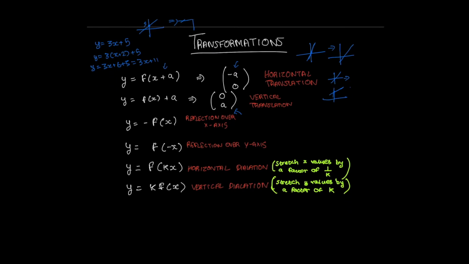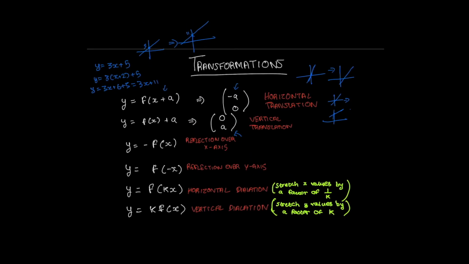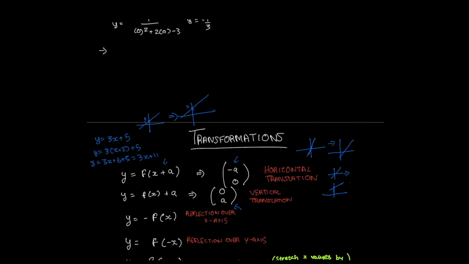Now we're going to be looking at vertical translation, and that's quite self-explanatory. You just move it by a units, upwards or downwards. Over here, positive means upwards. So there's no change in sign, unlike horizontal translation. Upwards is positive and downwards is negative. Let me give you an example. Let's take the same example, y is equal to 3x plus 5.